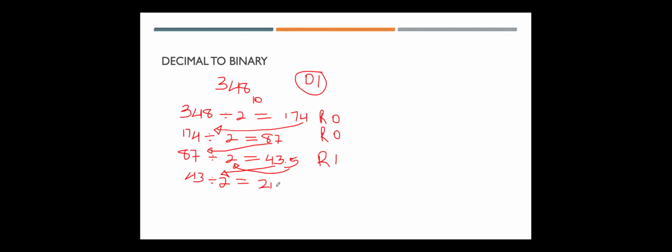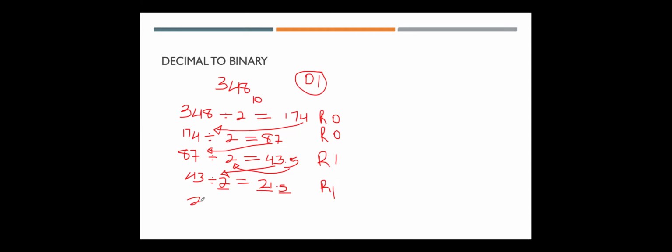Of course, also 0.5. But being that we cannot record 0.5, we shall multiply 0.5 by 2, which will also give us a remainder, which will also give us what? 1. Then we shall carry our 21.